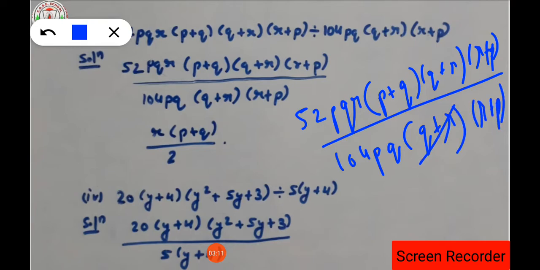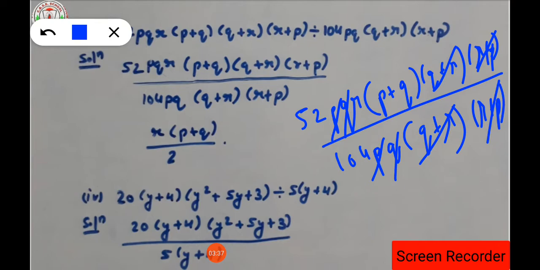Now R plus P is present in the numerator and denominator, so it will get cancelled, as well as Q plus R, which is present in both, so easily we can cancel it. Now here P and Q are again present in the numerator and denominator, so they will get cancelled.